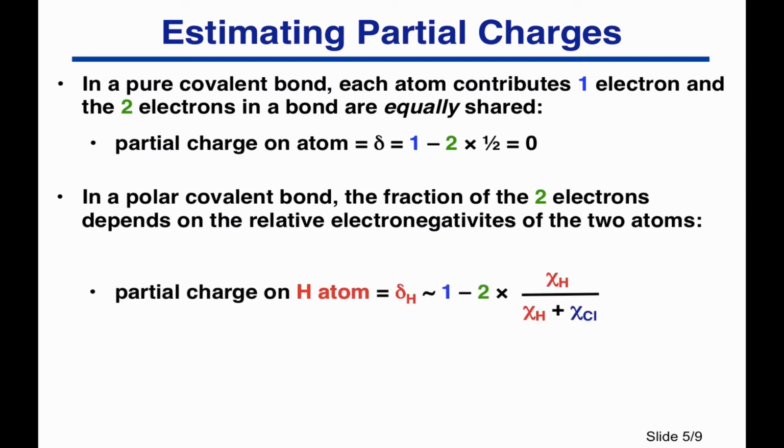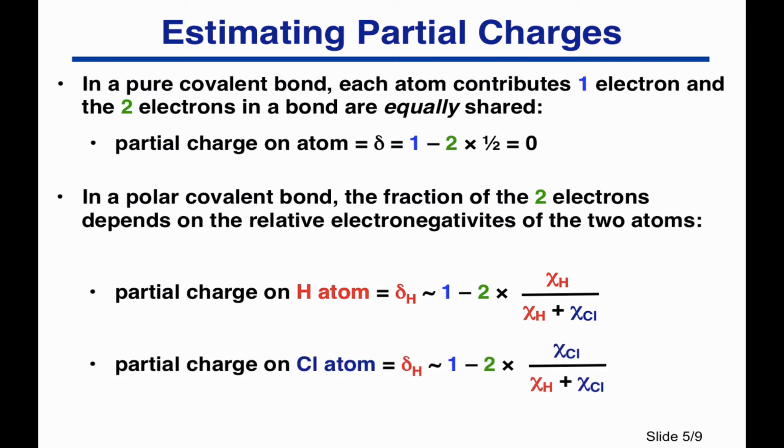So we can define the partial charge as 1 minus the pair of electrons shared out between those atoms. We do this using the electronegativity of the atom divided by the sum of the electronegativities of the two atoms. So for hydrogen, we have the electronegativity of hydrogen divided by the sum of hydrogen and Cl, and for chlorine we have the electronegativity of chlorine divided by the sum of the electronegativities of hydrogen and chlorine, and this shares out the electrons and gives us an idea of the partial charges.